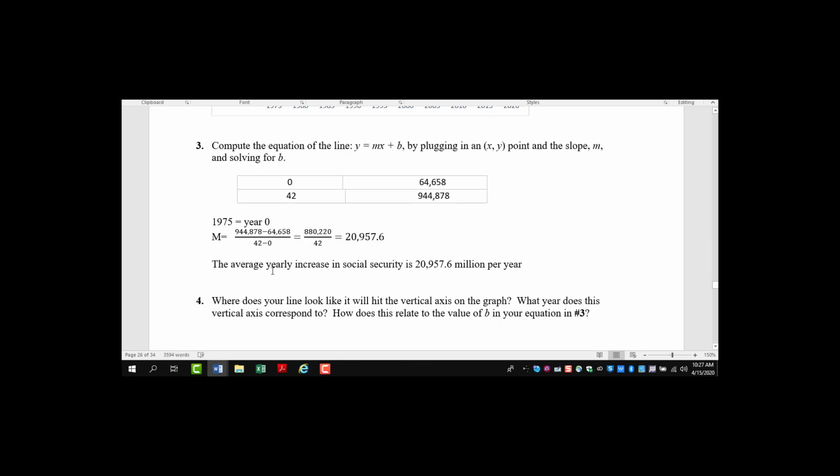You could say the average 42-year increase in Social Security is that, but this is a way to put it over one.